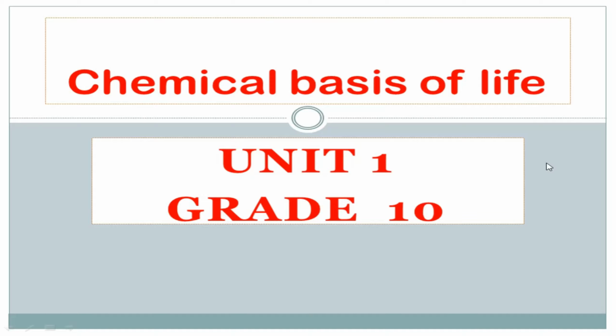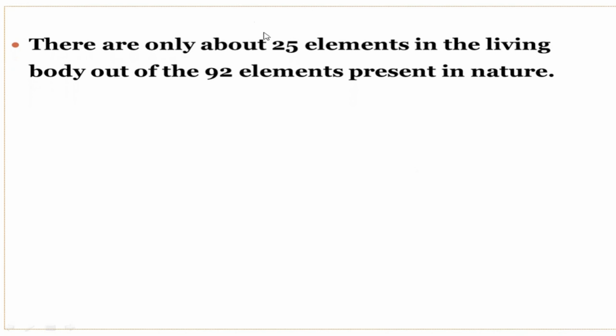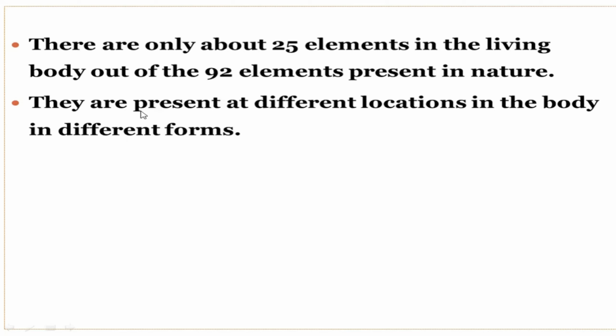Under this topic, firstly we have to learn that there are only about 25 elements in the living body out of the 92 elements present in nature, and also they are present at different locations in the body in different forms.